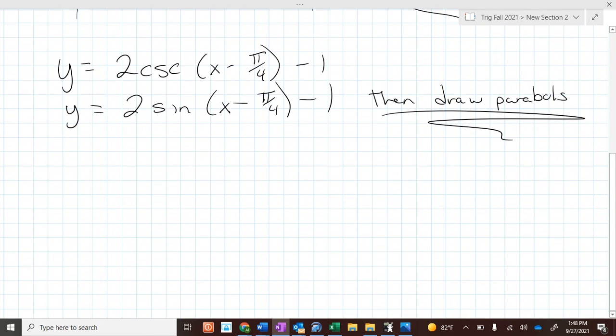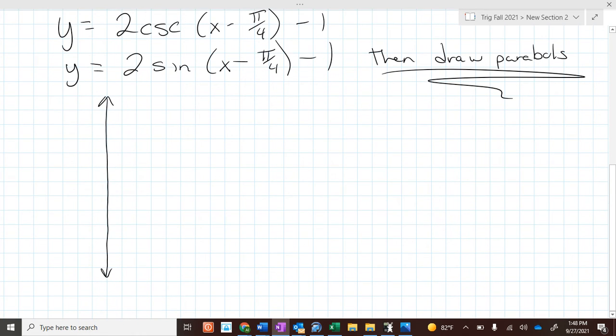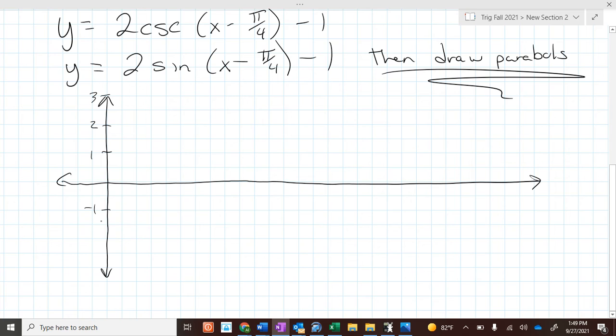Let's see if we can do that. 1, 2, 3, -1, -2, -3. Since it's pi over 4, we'll go 4 spaces to pi over 2, because that's a nice amount.